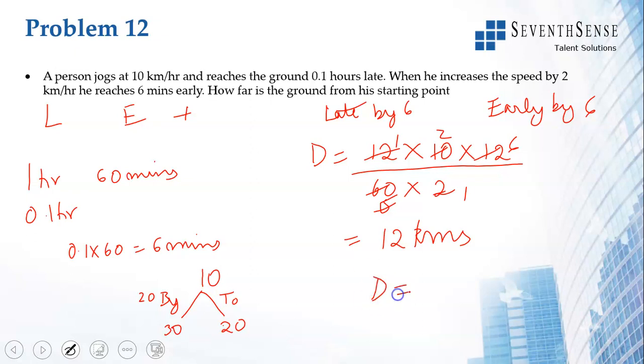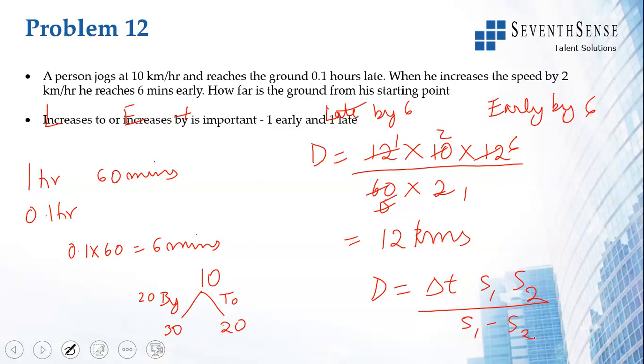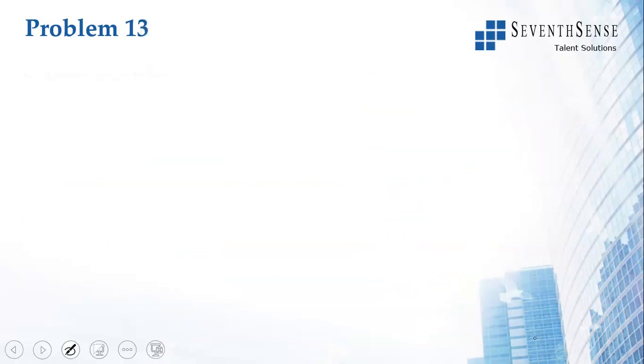Formula again: d is equal to delta t into s1 s2 by s1 minus s2. Because one is late and the other is early, we add the two times. We add 6 minutes late and 6 minutes early, it becomes 12. Increases to or increases by is important. Delta T is now 12 in this question.